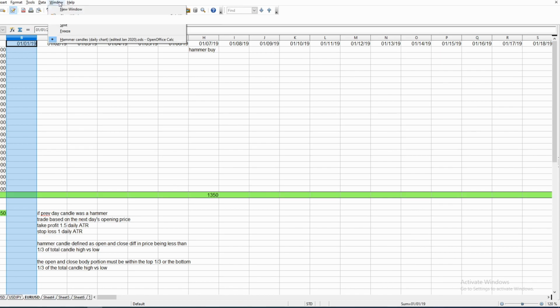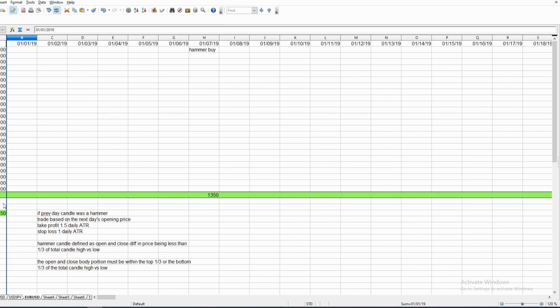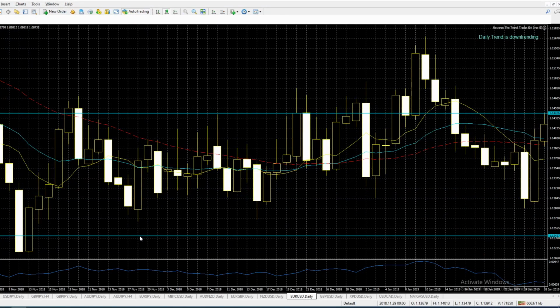Another point of using a spreadsheet is that you can actually have a result column. You can't really see it here. Oops, sorry.